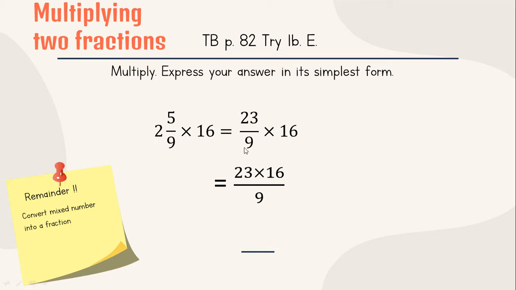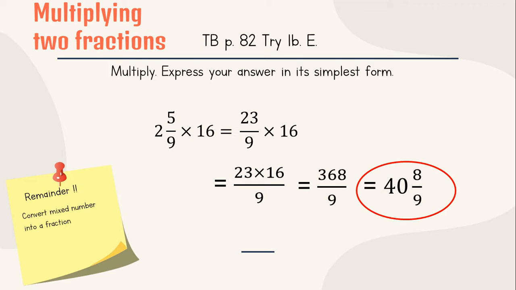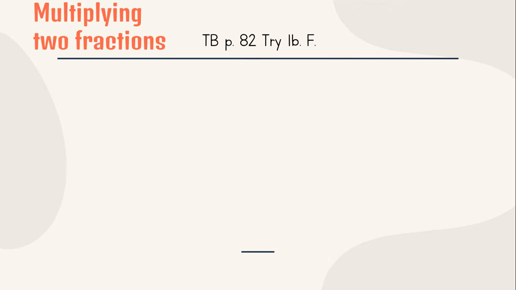Of course not, because 9 can only be divided by 3 and 16 cannot be divided by 3. So what we have is 23 times 16, of course 368, per 9. So the answer for try 1b point E is 368 per 9.